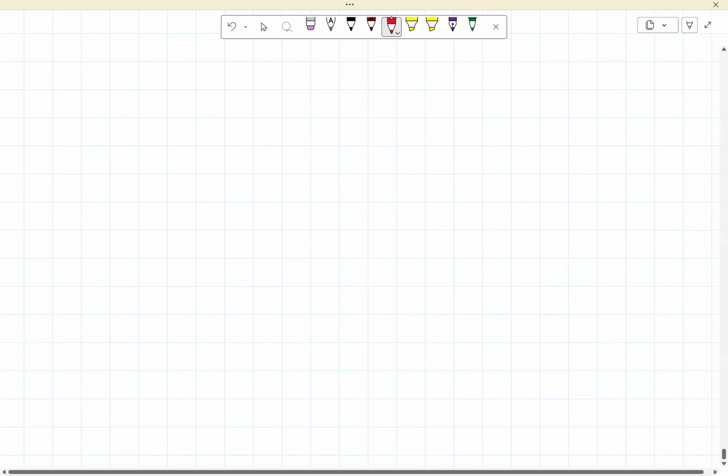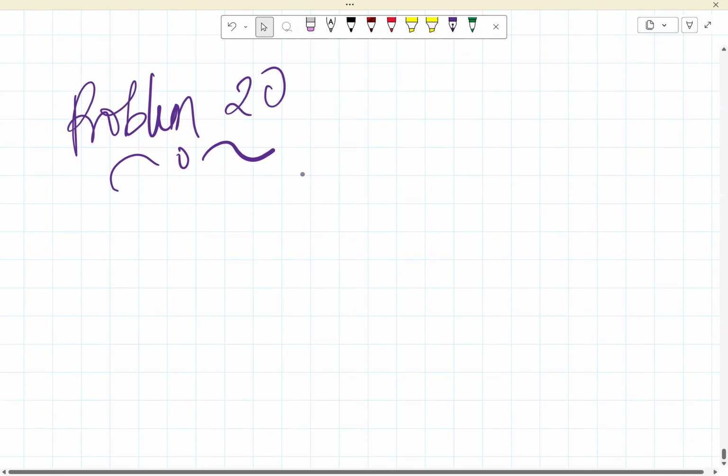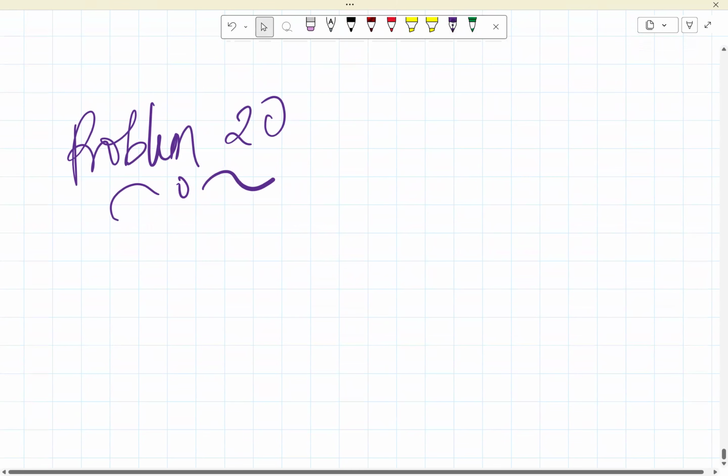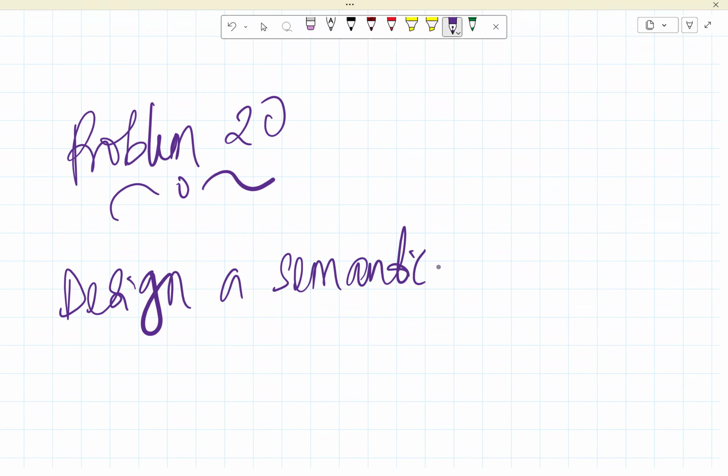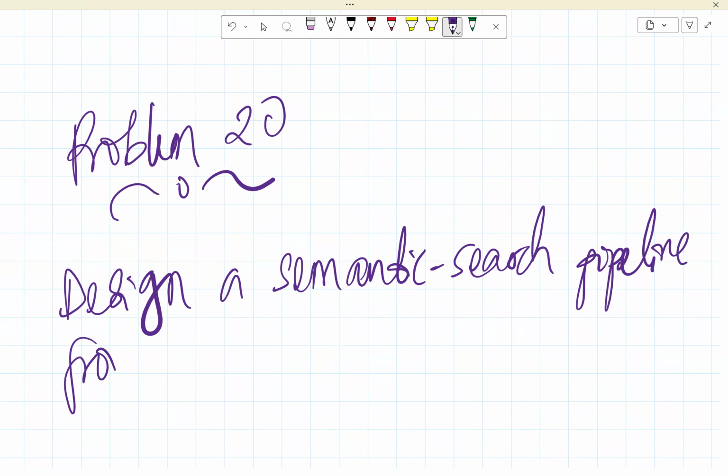Okay, so now we move on to problem 20. Here we want to design a semantic search pipeline, from user query to ranked results.